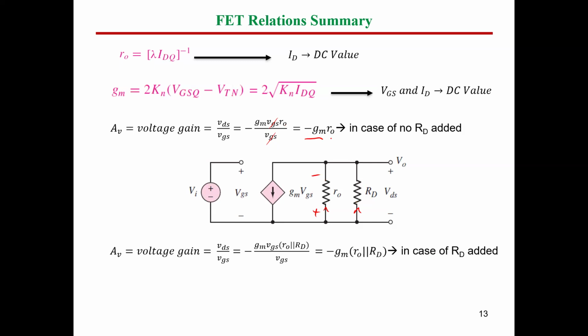This is the voltage gain if RD is neglected. If RD is not neglected, you take the parallel combination of R out and RD at the output, and the voltage gain is minus gm times the parallel combination of R out and RD. So this is called the voltage gain of our amplifier.